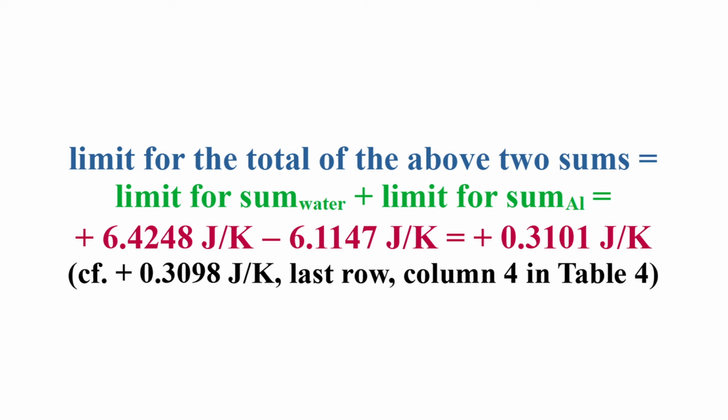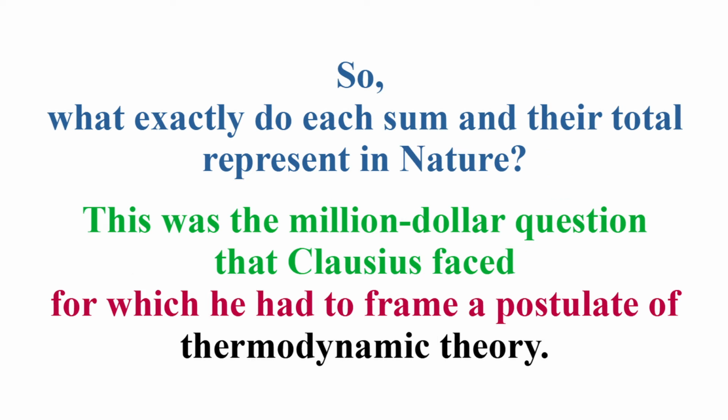Del T of aluminum equal to negative 0.001 Kelvin happens to be a reasonable value for dt.